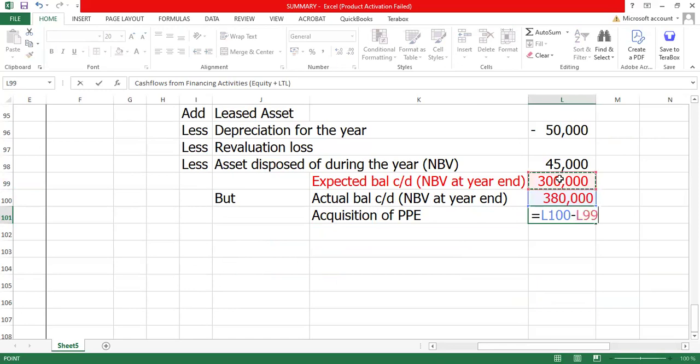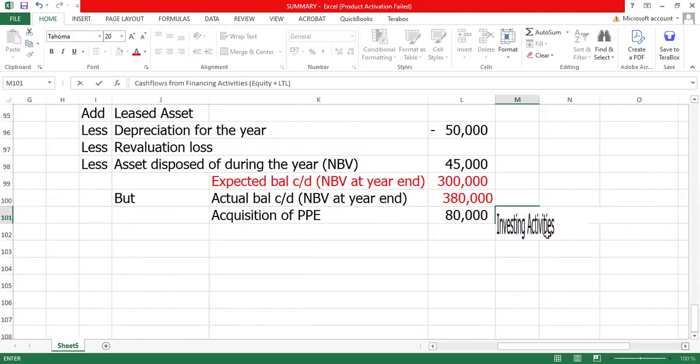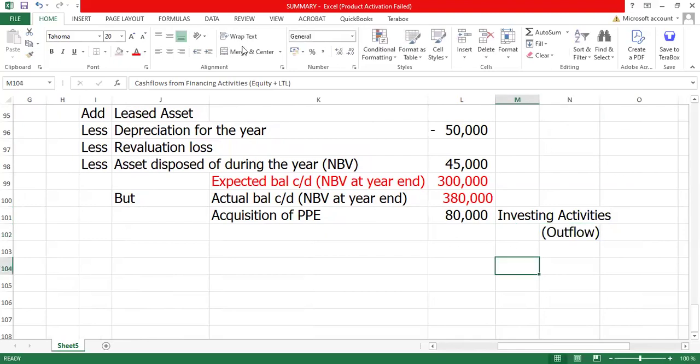If the actual is less, then that is disposal. And the acquisition of PPE is an investing activity, which is a cash outflow.